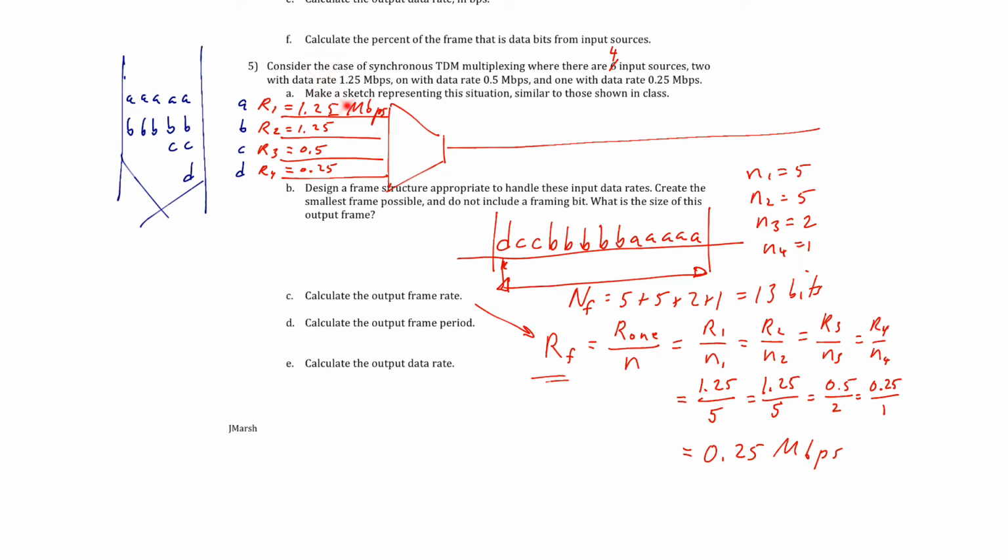Calculate the output frame period. Well, if this is the frame rate, then the frame period is 1 over the frame rate. 1 over 0.25 times 10 to the 6th, which is 4e to the minus 6, or 4 microseconds. Finally, the output data rate, or R total.